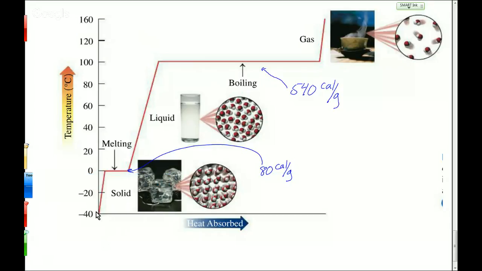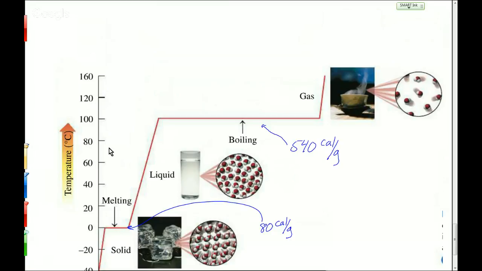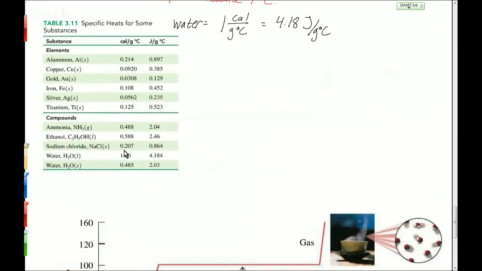And then the ice is easier to heat up, so has lower specific heat. And if we go back up to the table, you can see that right here. Liquid water has that specific heat we've been talking about. Solid water has less than half the specific heat. So it takes half the energy to heat ice up the same distance as it does to heat water up, because it just heats up faster.